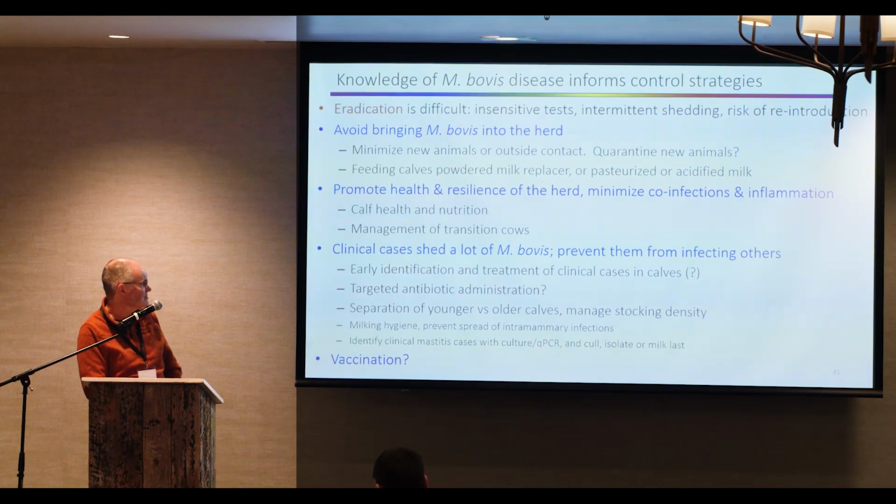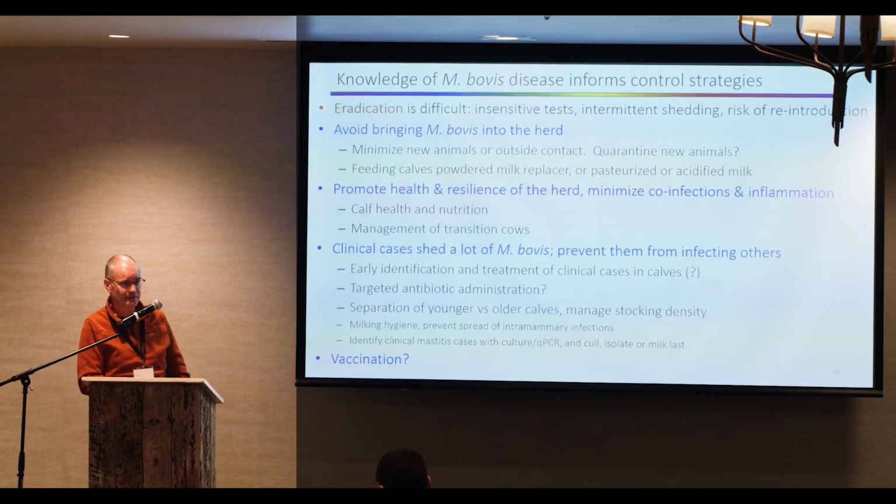So early identification, treatment of clinical cases, targeted antibiotic administration, again, metaphylaxis on arrival in beef feedlots would partially aim to do that. There's not great evidence that it certainly doesn't eradicate Mycoplasma bovis, but it perhaps reduces the disease occurrence. Separation of younger and older calves, managing stocking density, and then these things relevant to dairy herds.